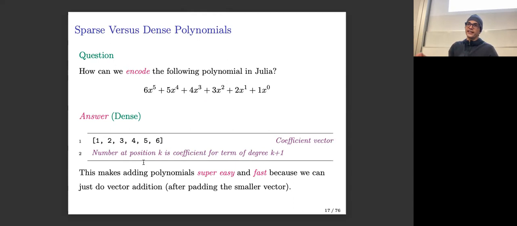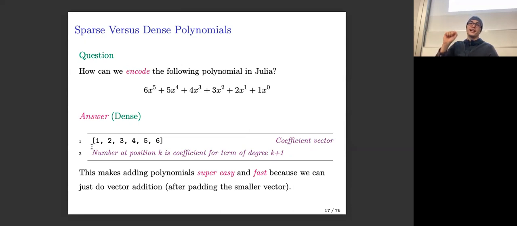The way that it's there currently, it uses a dense representation of a polynomial. So this is how a dense representation of this polynomial looks: 6x to the 5 plus 5x to the 4, all the way down to 1x to the 0. A natural way of implementing this is just to have a vector, and you put at position k the coefficient corresponding to x to the k minus 1.